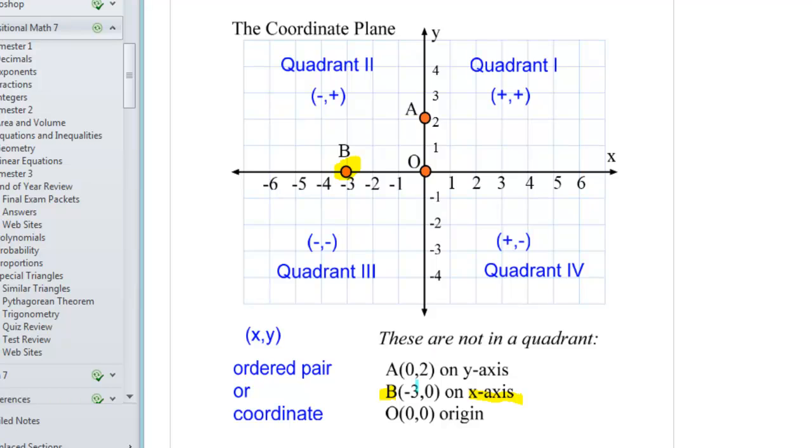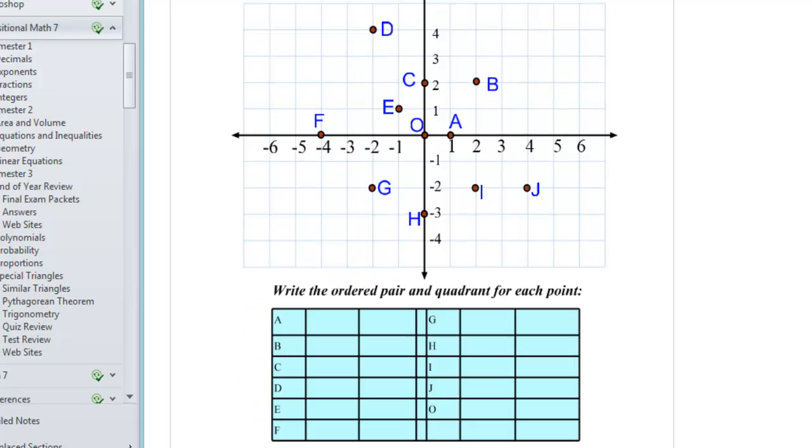And we'll notice that we went over 3 in the negative direction, starting at the origin, 1, 2, 3. And then we didn't go up or down at all. Therefore, our y value is going to be 0. So anytime you have a point that's on the x-axis, your y value is 0, and whenever you have a point that's on the y-axis, your x is 0.